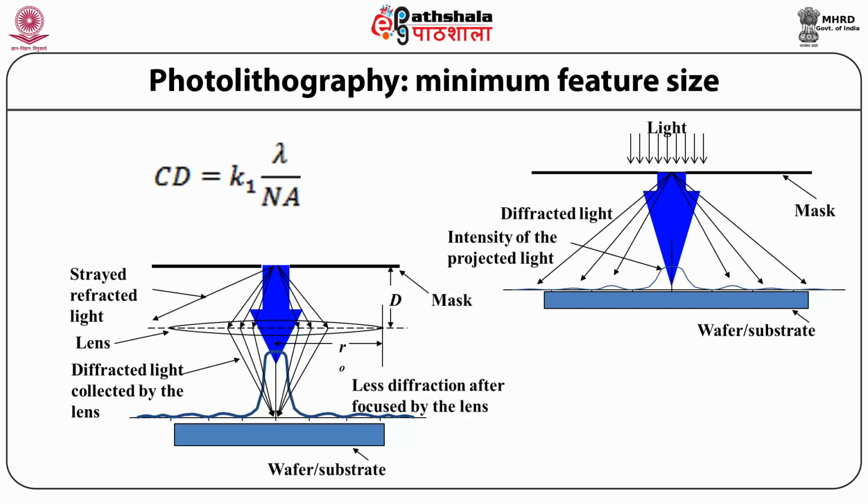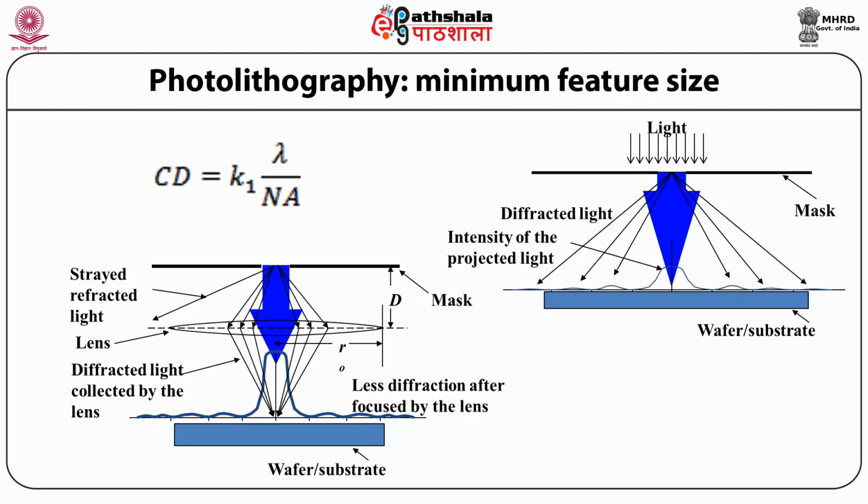Now this figure shows the light diffraction in the photolithography setup with and without the lens. Now in the case of without the lens, the exposure system typically produces an image on the wafer using a photo mask which blocks the light in some areas and allows it to pass in some other areas.